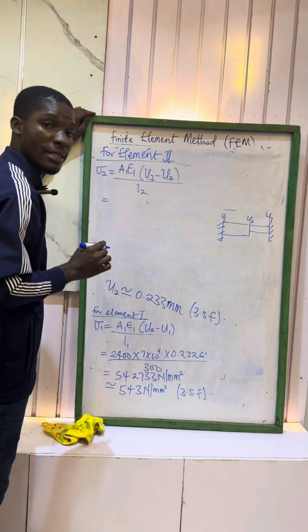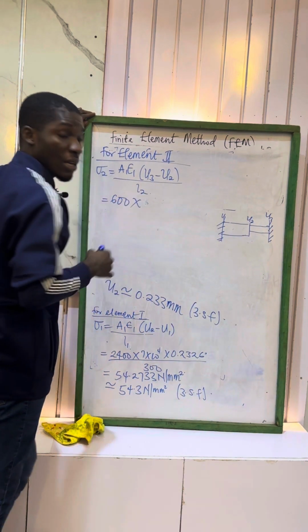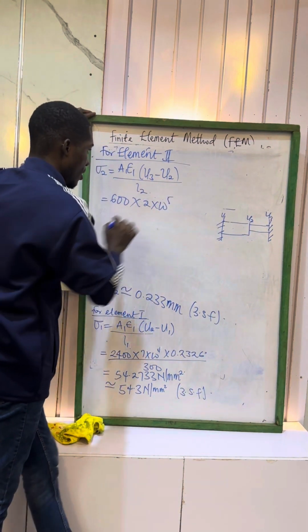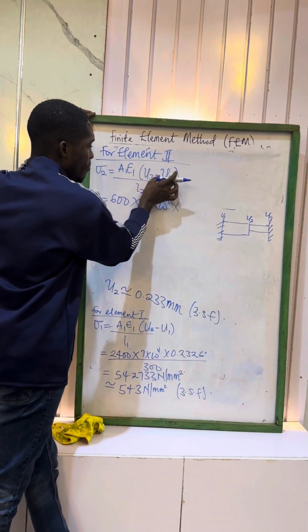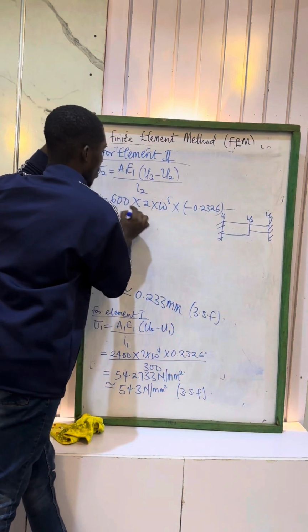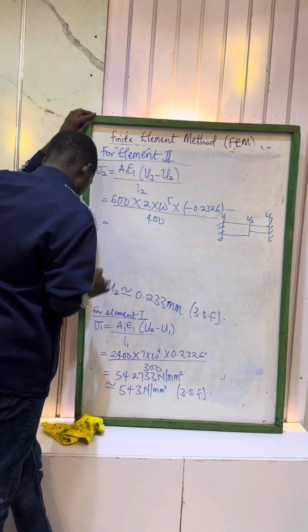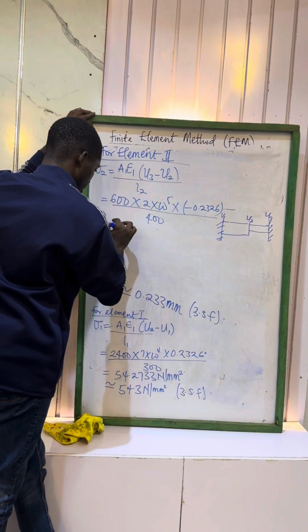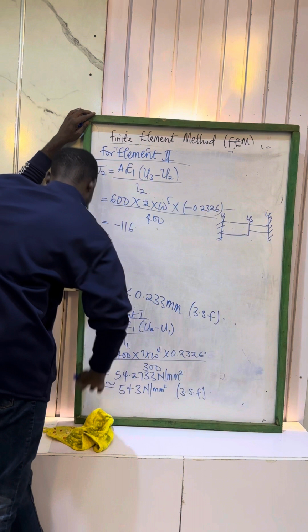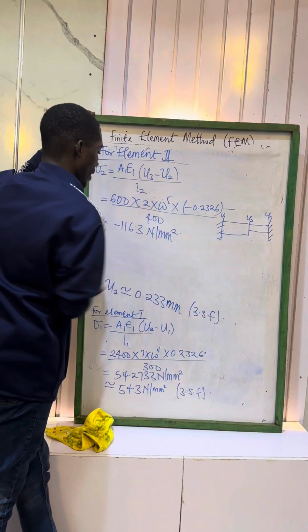Our A1 is 600 times, what is our E1? Our E1 is 2 times 10 raised to the power 5, then times 0 minus U2, which is minus 0.2326 over, what's our L2? 400. So at the end of the day, we're getting minus 116.3 Newton per millimeter squared.